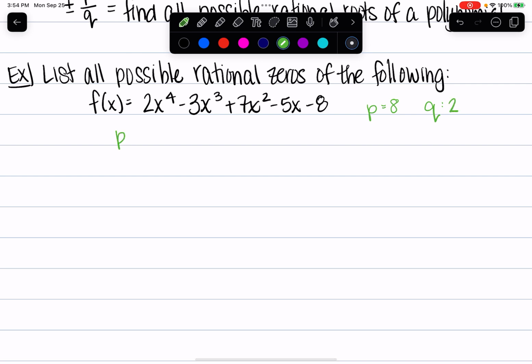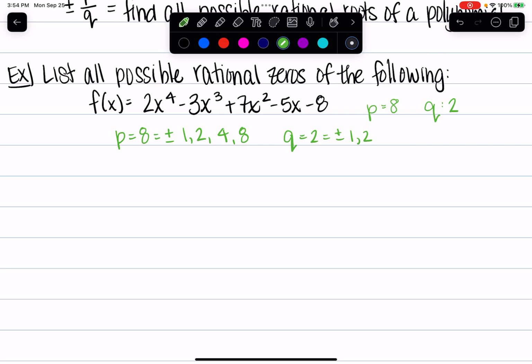So for P, since it's 8, our integer factors are plus or minus 1, 2, 4, and 8. Those are all numbers that can divide into 8 evenly. And then Q, same thing. It is 2, so that is equal to plus or minus 1 and 2.